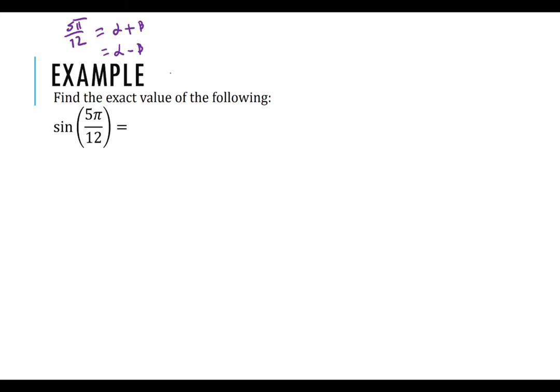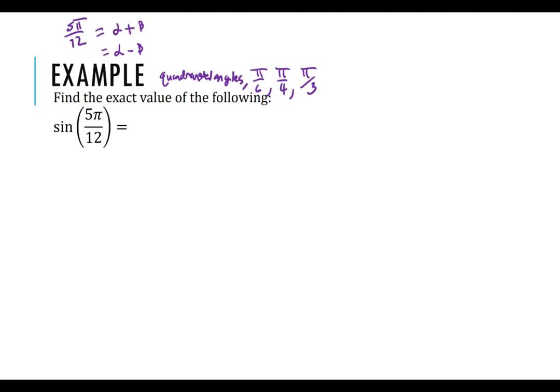Well, in radians, our nice angles are going to be what? Well, of course, they're quadrantal angles, and pi sixths, pi fourths, and pi thirds, and iterations of pi sixths, pi fourths, and pi thirds. Really, I'm looking at my unit circle and the nice values that show up in radians. So now I'm thinking about 5 pi twelfths, and what in the world can I do?